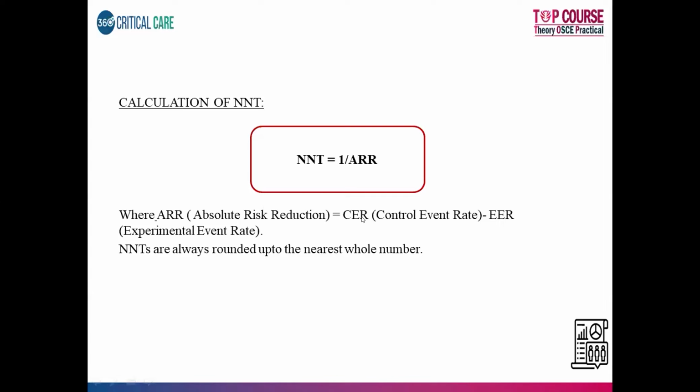Control event rate, meaning the event you are calculating in the control group, minus the experimental event rate. This is how you calculate the absolute risk reduction. And NNTs are always rounded up to the nearest whole number. It will not have any decimal points; it should be rounded to the nearest whole number.